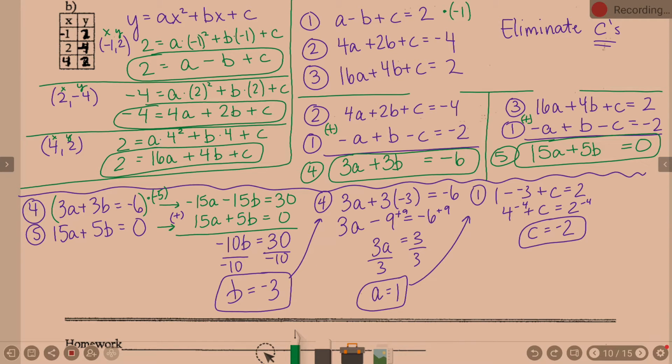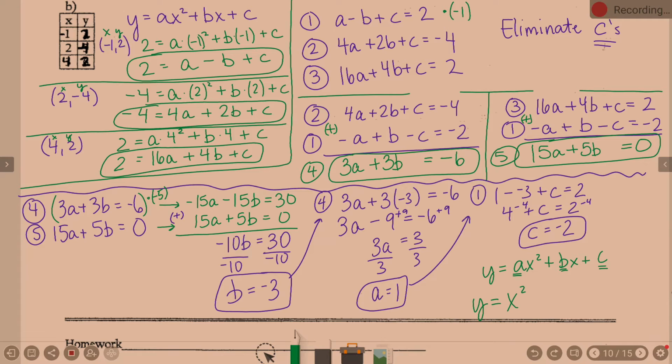Standard form is y equals ax squared plus bx plus c. You're filling in a, b, c. So y equals 1x squared. Has anyone tried, does Math Excel let you put in a 1 for 1x squared? It did for me.